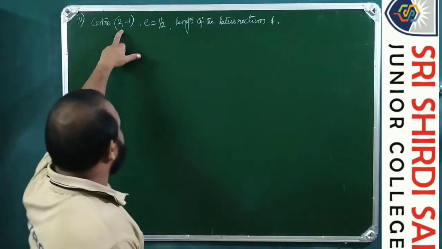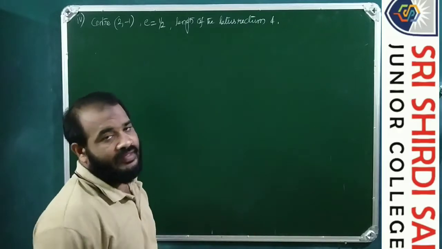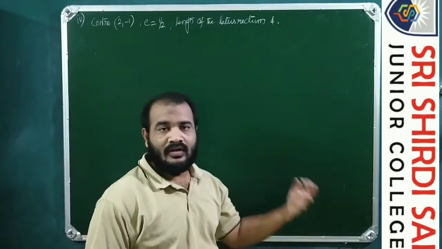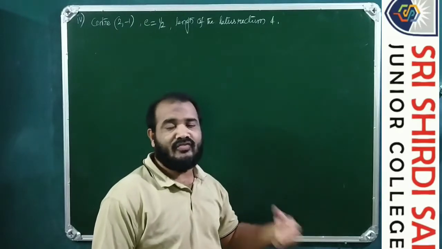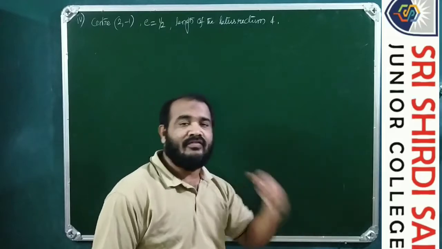Center 2 comma minus 1, eccentricity is given, length of the latus rectum is 4. Again, we don't know which ellipse it is. It could be the A greater than B case or the A less than B case, what we have discussed in the previous problem.